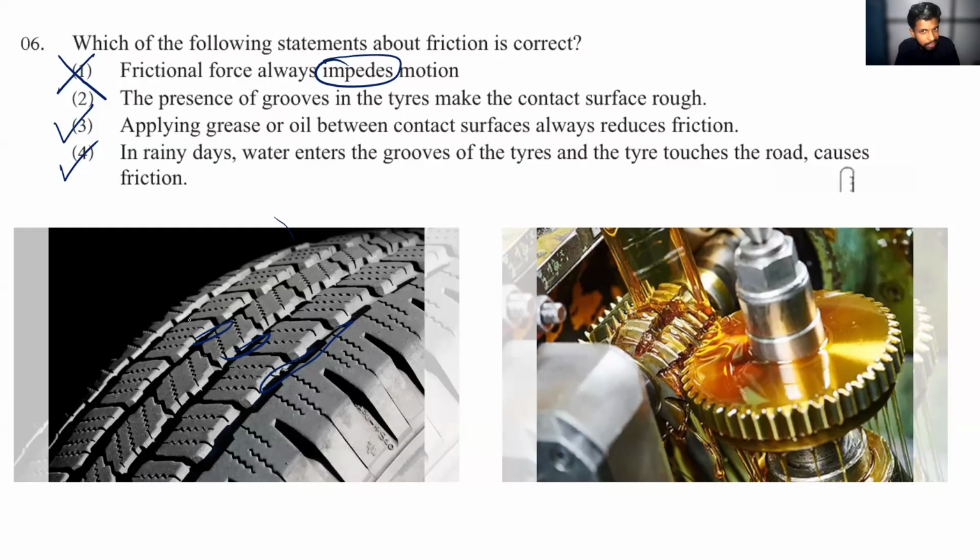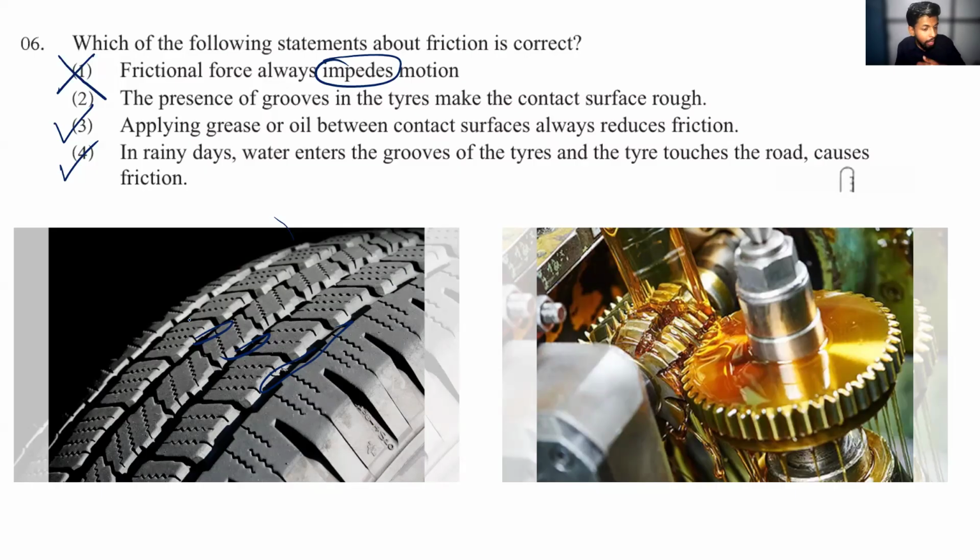During the rainy days, on the road we will have water, right? So what happens between the tire and the road if the water gets stuck? Definitely the vehicle will slide on the road. Between the tire and the road, if there is water, the tire cannot be stopped.